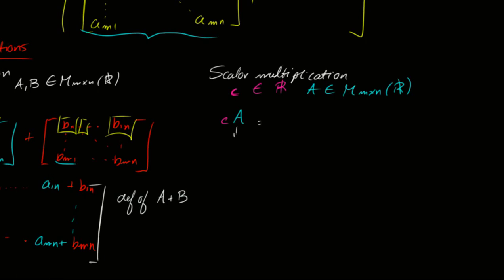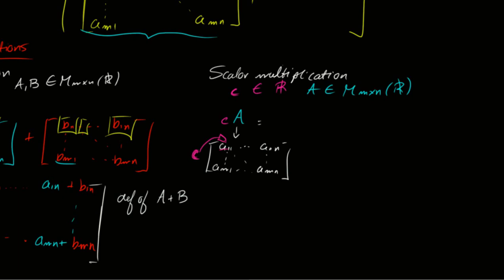We know that A is A11 through A1N, and down here it's AM1 through AMN, and so on. So what happens when you have a c, it multiplies each entry by c.